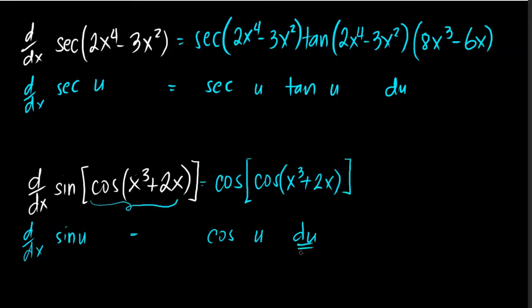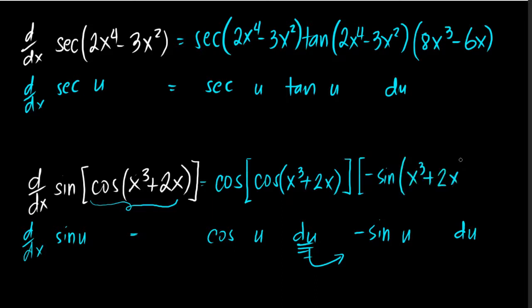But now you're going to derive u, and the derivative of cosine is negative sine u. So I put negative sine u, and then du. So we see negative sine x cubed plus 2x. And then the derivative of u is 3x squared plus 2. And you're done. Okay? Let's check.